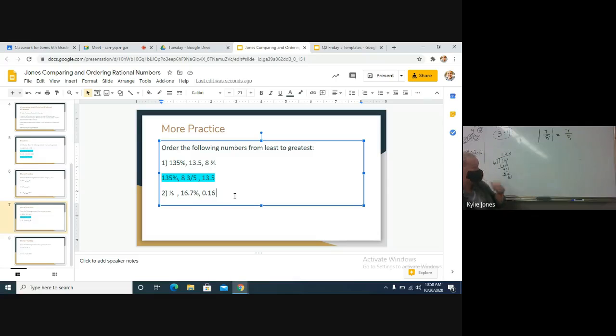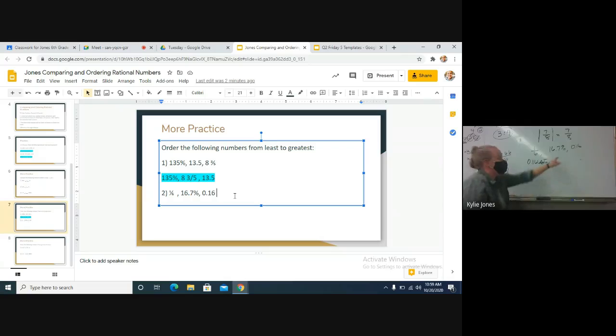Okay, so let's talk about this one. So we have 1/6, 16.7%, and 0.16. So if we change them all to decimals, I actually started doing this one, 1/6 changed into a decimal is 0.16666, and it just keeps repeating forever.